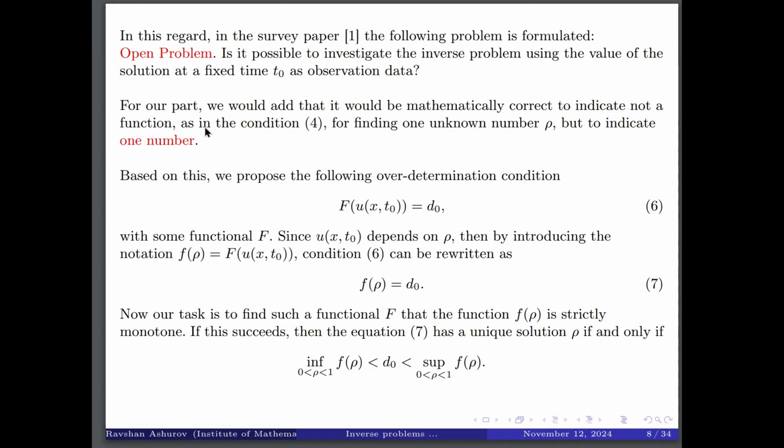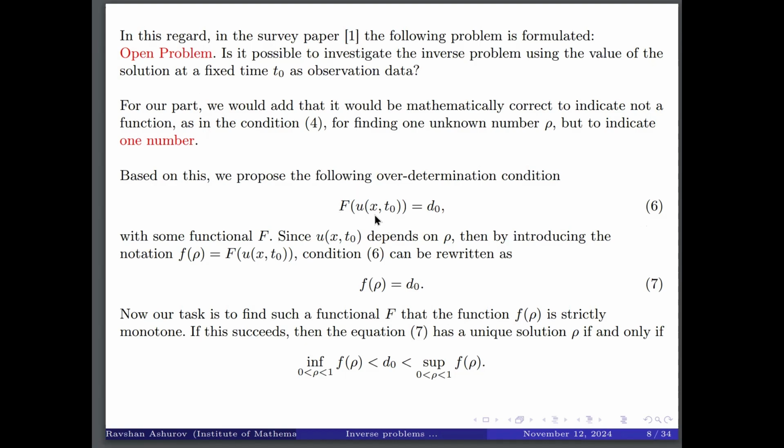And for our part, we would add that once we are looking for one number, we should indicate only one number. Based on this consideration, we propose the following overdetermination condition in the form of 6. Here, f is some functional, not necessarily linear.